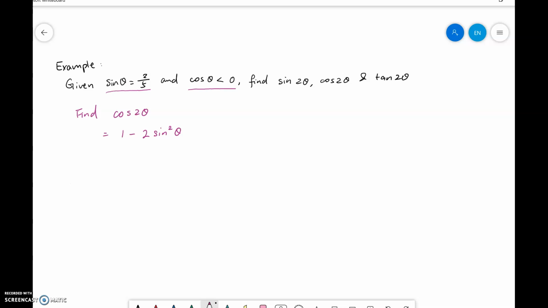Sine theta is equal to 2 over 5, so 2 over 5 squared gives 4 over 25. Since I'm going to multiply a whole number by a fraction, it's better to change the whole number to a fraction form. So I end up with 1 minus 8 over 25, which is 17 over 25. So I got cosine of 2 theta equal to 17 over 25.